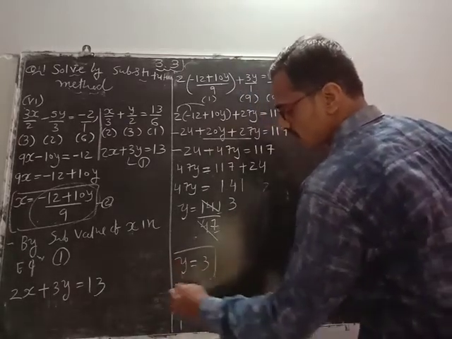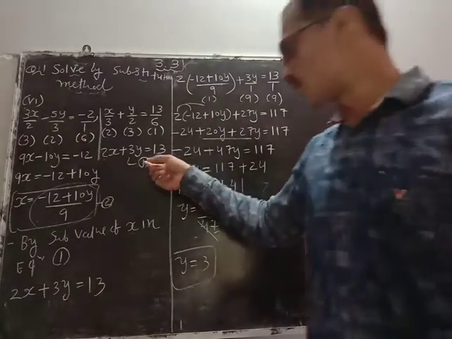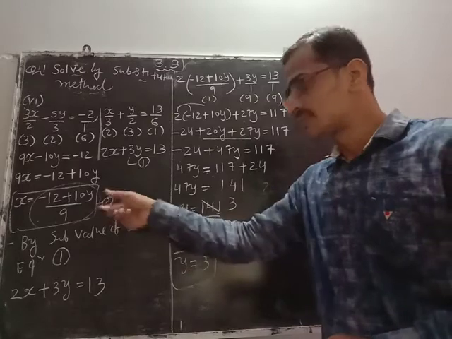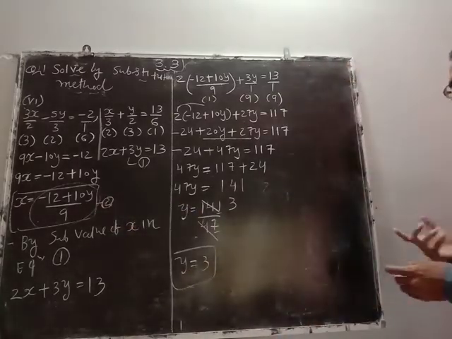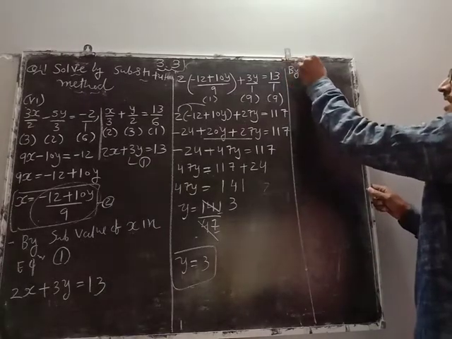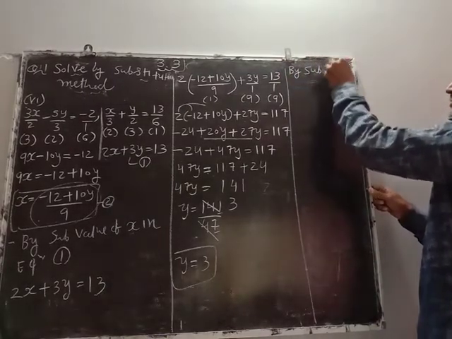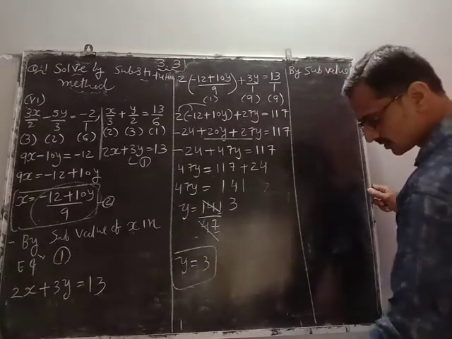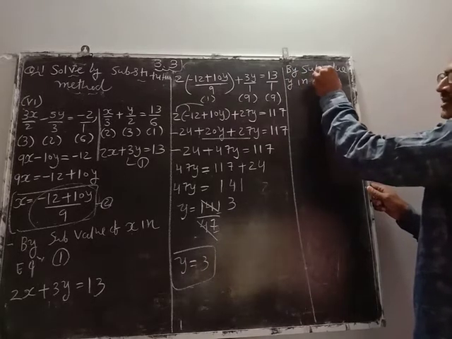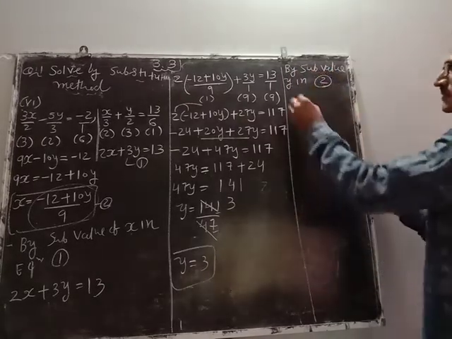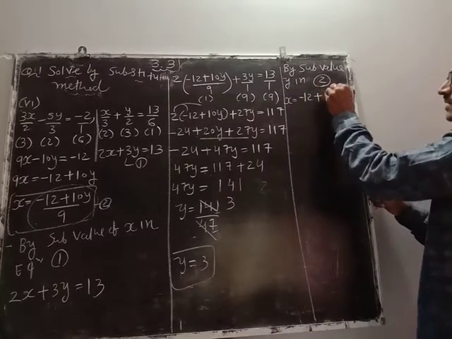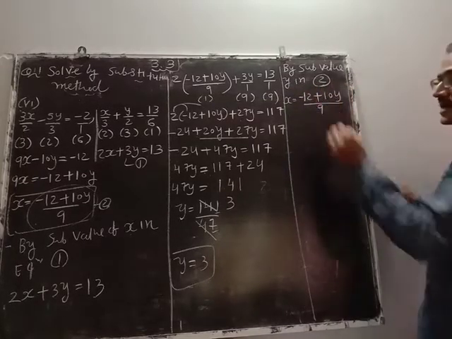So now we are having value of y. So from first we have obtained value of y. Now to obtain value of x, what we'll do? Which equation we'll use? Second. Same substitution. So by substituting value of y in equation second, which is x equals to minus 12 plus 10y divided by 9.